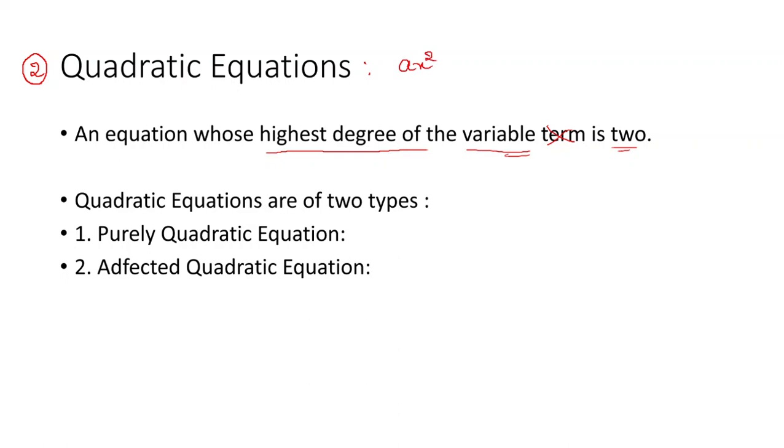ax square plus bx plus c is equal to 0. This is the standard form of a quadratic equation. Here the highest degree of the variable x is 2. We have the power of the variable of 1 as well, but the highest power is 2, and so this is a quadratic equation.